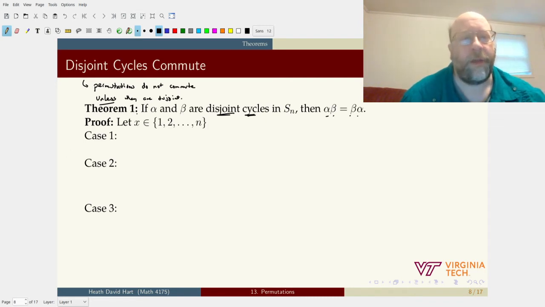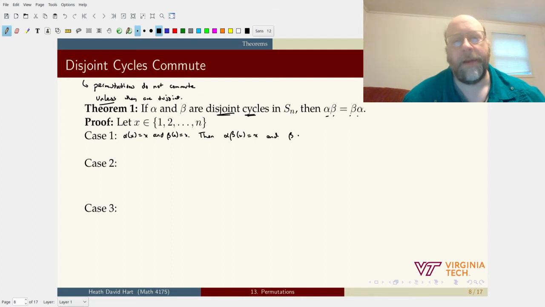So we can prove this. We're going to prove this by cases. The easy case is if neither alpha nor beta does anything to x. So the first case is that alpha of x is equal to x and beta of x is equal to x, well then alpha beta of x is just x and beta alpha of x is equal to x.